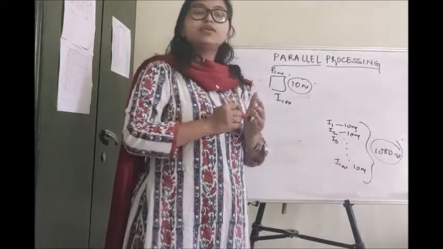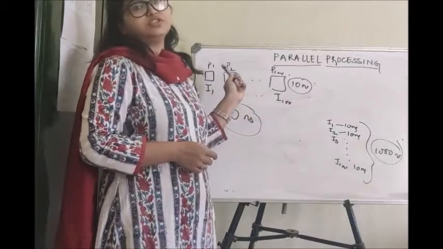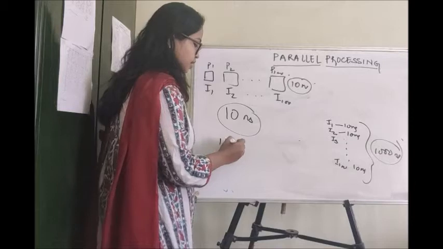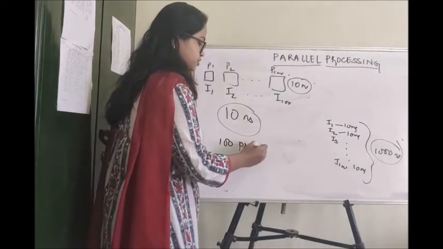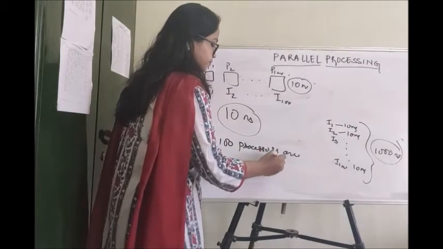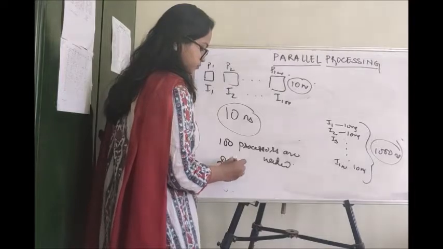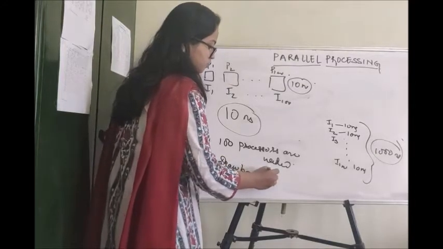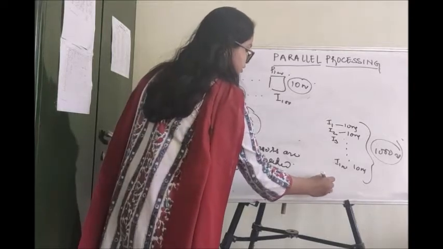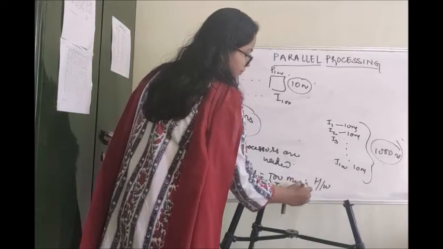But what is the problem with parallel processing? It requires too much infrastructure, that is, too much hardware. 100 processors are needed. So this is a drawback. Too much hardware implies too costly.